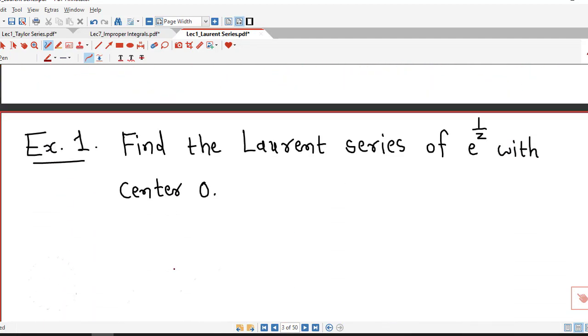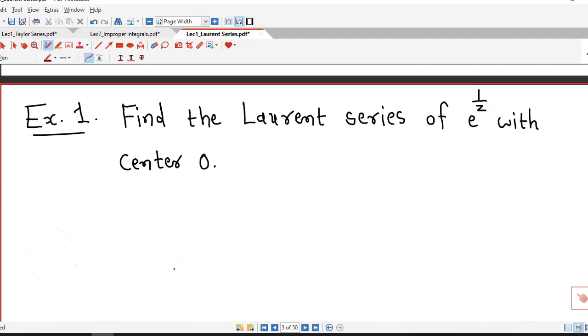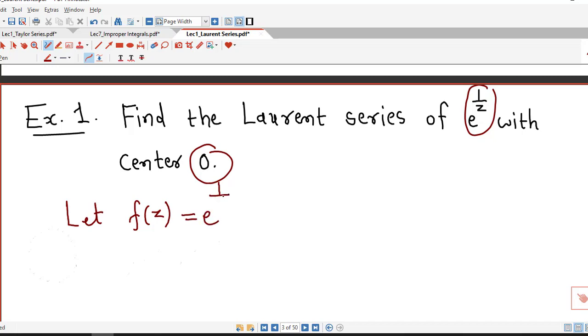So we consider one example: how to find the Laurent series of the function e raised to 1 by z with center 0. So here our function is f of z equal to e raised to 1 by z, and we know that 1 by z is not analytic at z equal to 0.